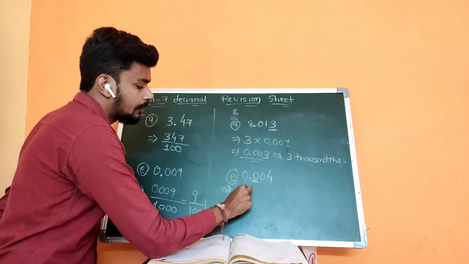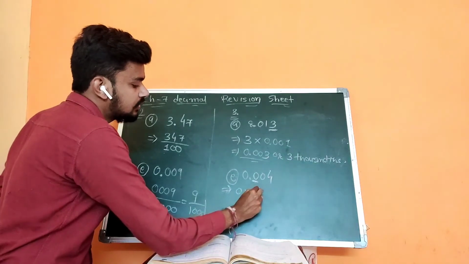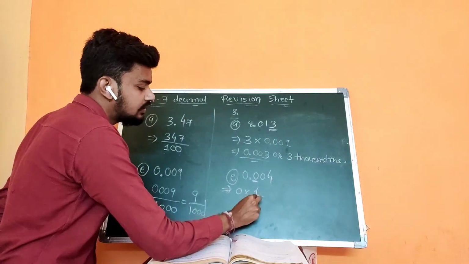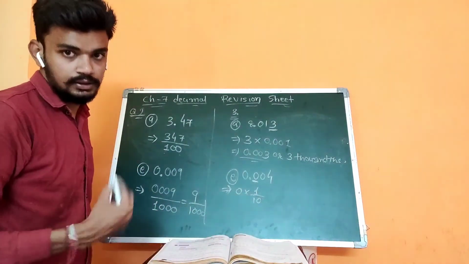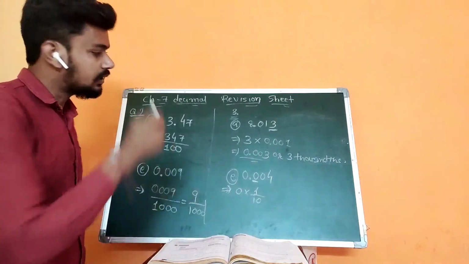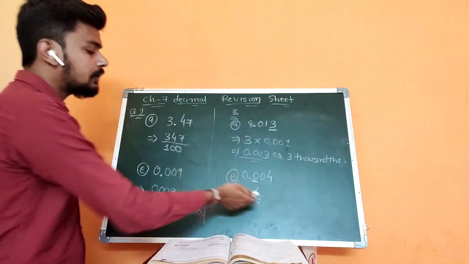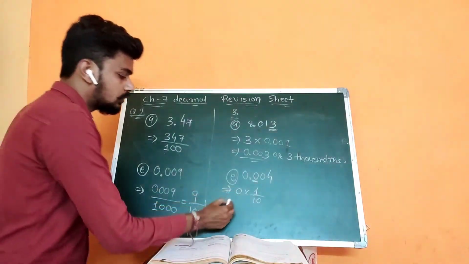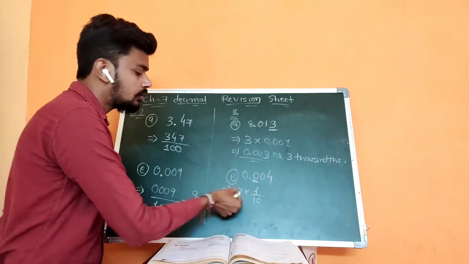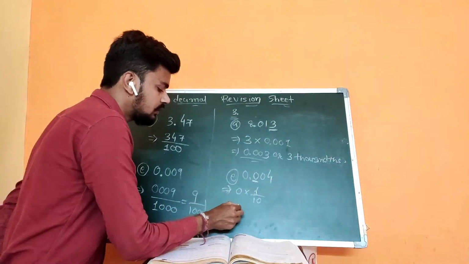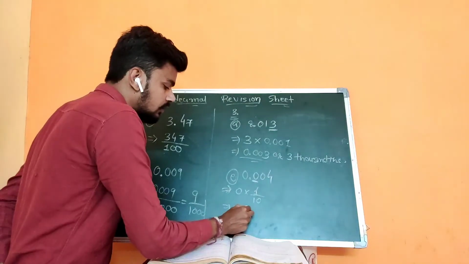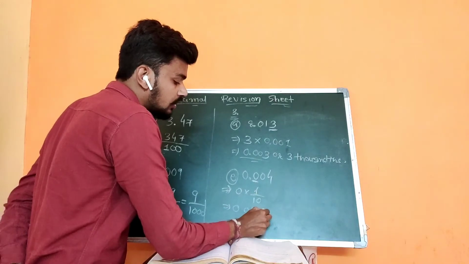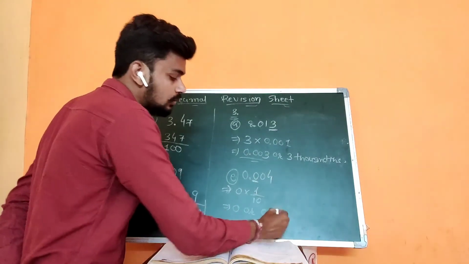In another form, you can also write it as 1/10. Over here we write in decimal form, and over here in fractional form. Whatever you multiply with 0, the answer would be 0 only. So your answer is 0/10.